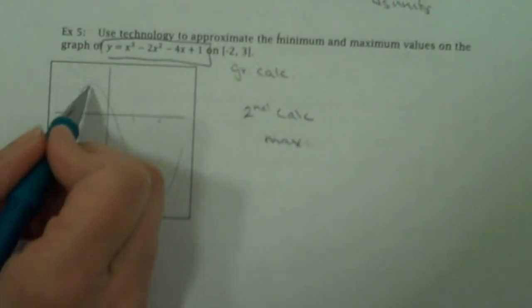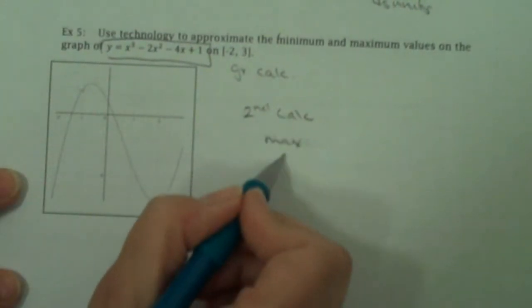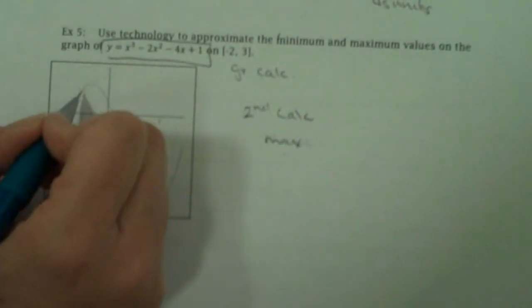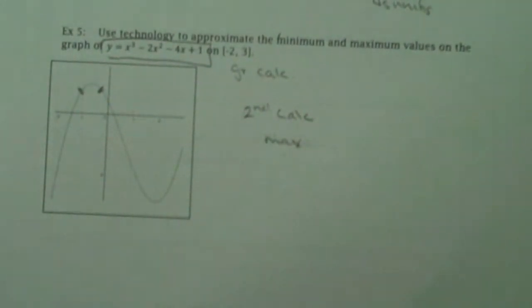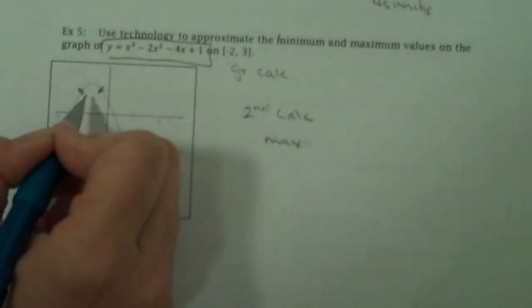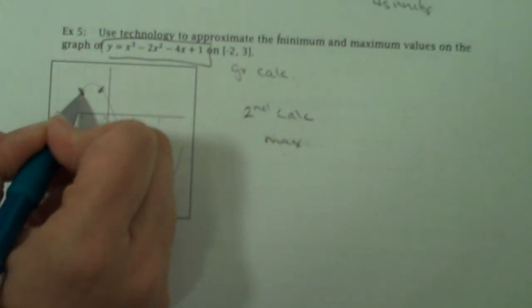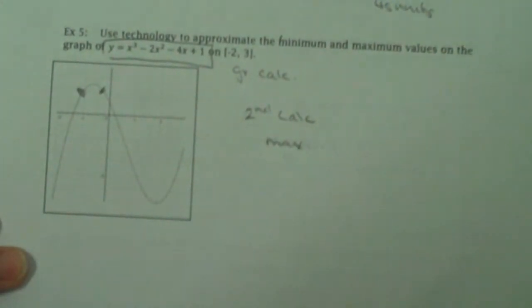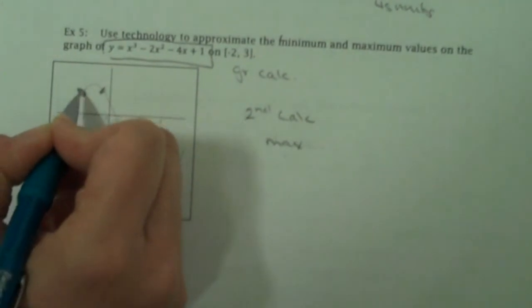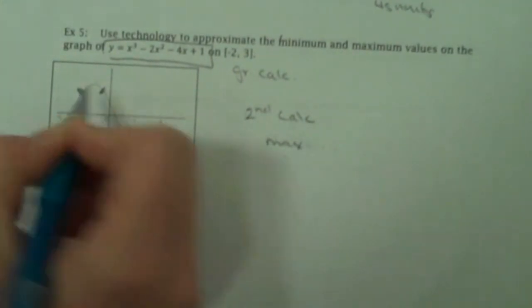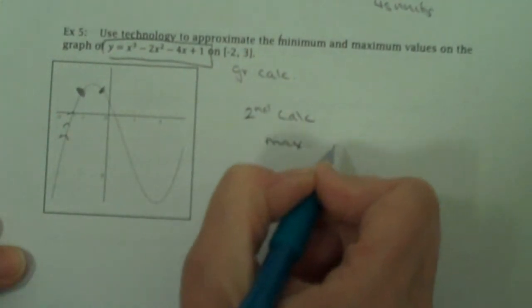And the important thing to know on your calculator is after you go to second calc max, you want to give it some boundaries so that it knows sort of where you think the max is. So it's going to ask you to show it where you think you are when you're to the left of the maximum. So you're going to have a little arrow that's going up on your graph, and you're going to get to the point where you think you're to the left of the maximum, and then you're going to hit enter.